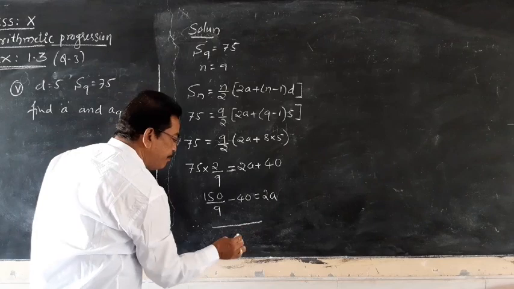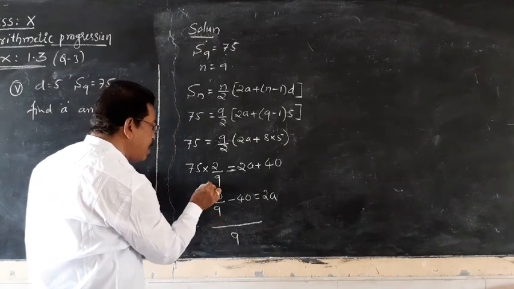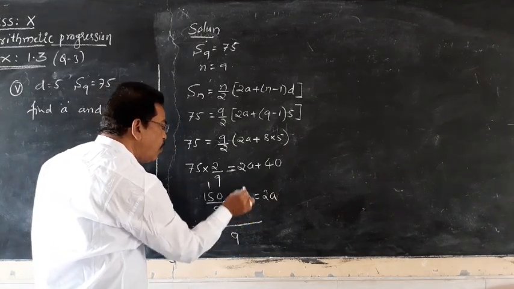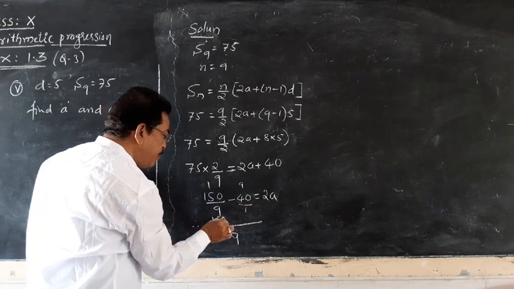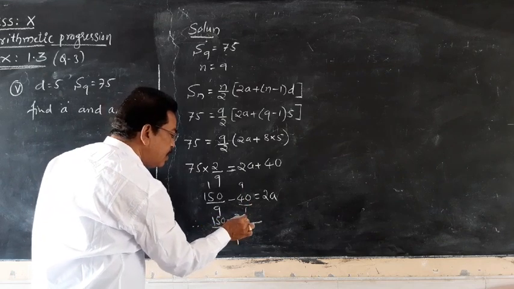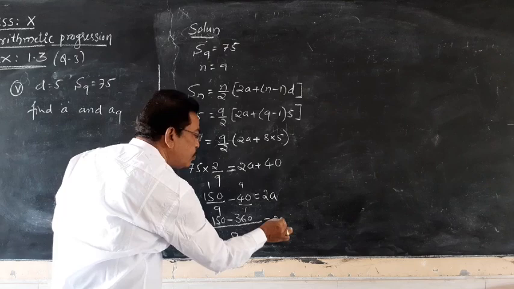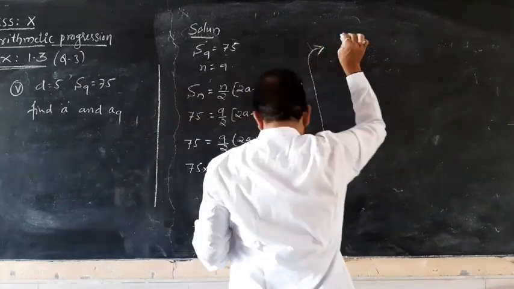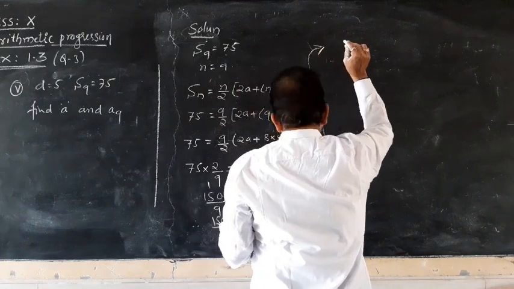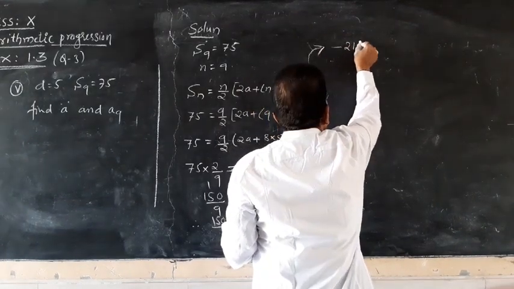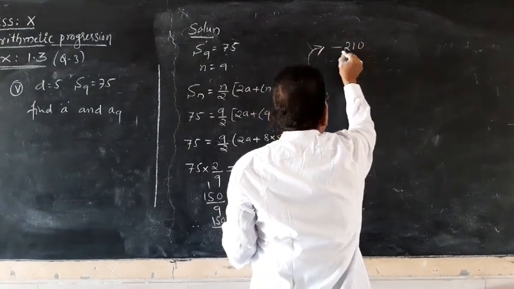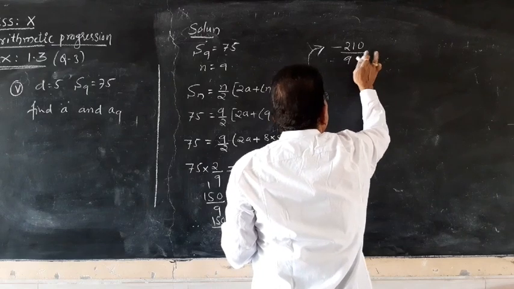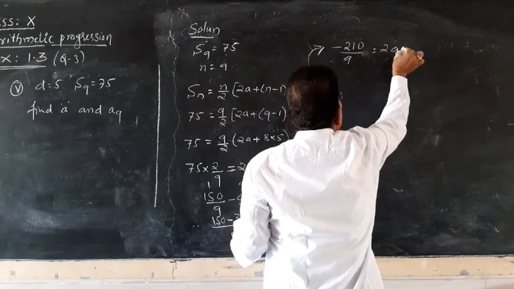So taking the LCM 9: 150 minus 360 equals 2a. Therefore minus 210 by 9 equals 2a.